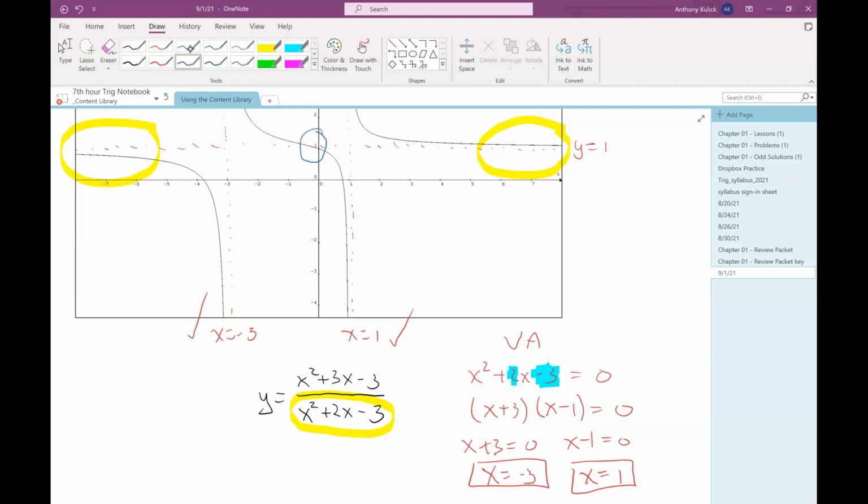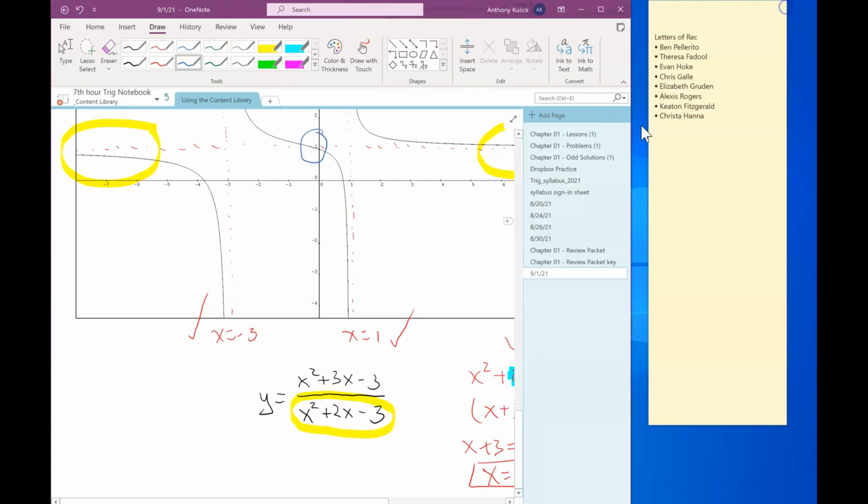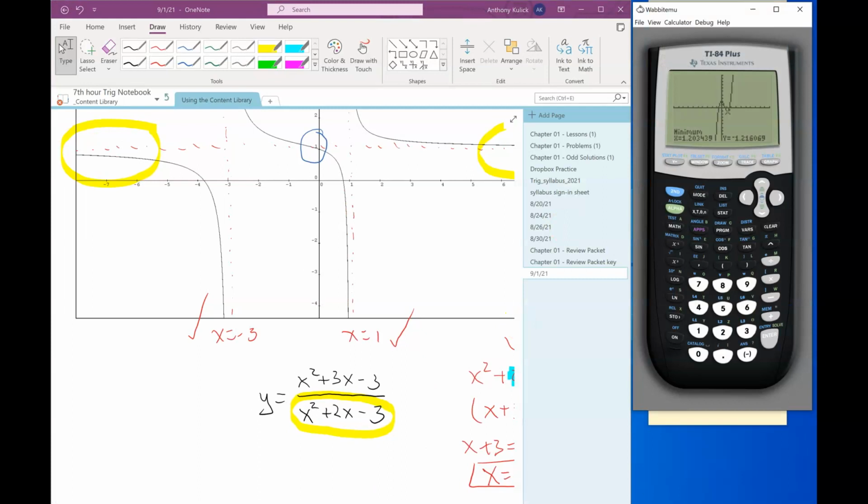So what I'm going to do is I'm going to use my calculator, and I'm going to input progressively bigger values for x and then progressively smaller values of x, and check to make sure that we're still kind of approaching that asymptote but not crossing.